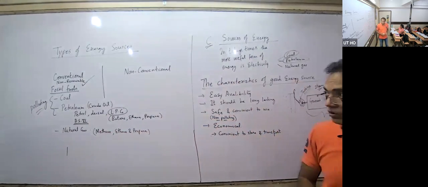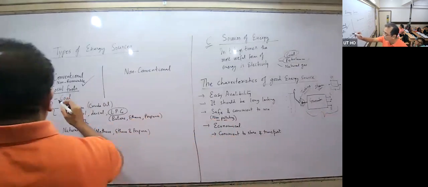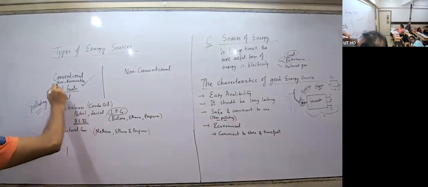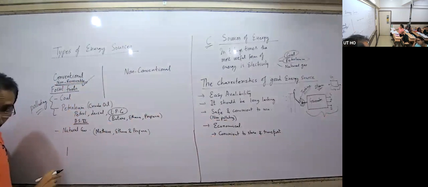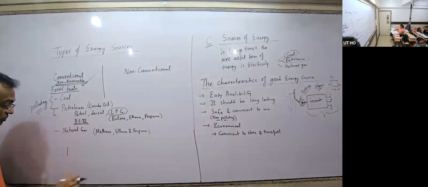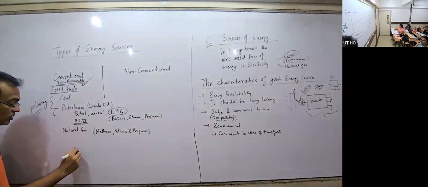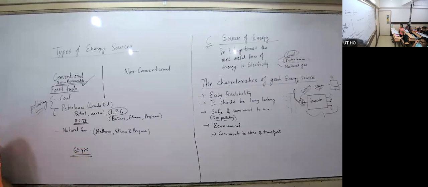So what is the problem with this kind of source? It is non-renewable. And if we continue to use it at the same rate, how long will it last? Another 60 years. Okay. So this supply is going to get over in the next 50 to 60 years.